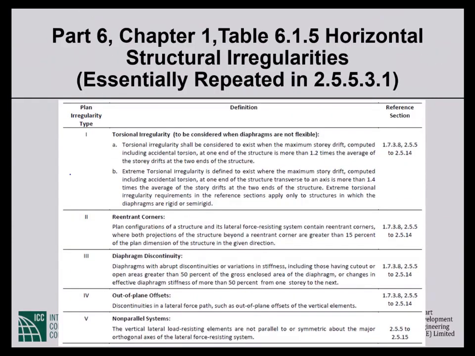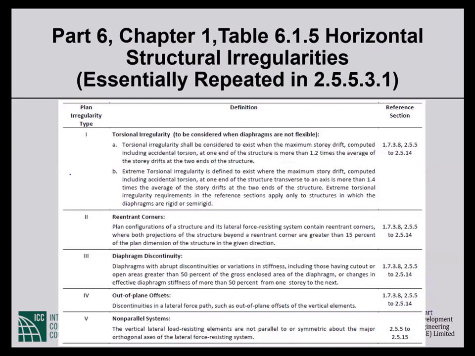In BNBC 2020, as I said, the comparable table is in chapter 1, not in chapter 2 or part 6. And this is the table. We have the descriptions as in ASCE 7, then also as in ASCE 7 a reference section number, but this is kind of different because 2.5.5 to 2.5.14 is almost the entirety of the seismic design provisions, much of it.